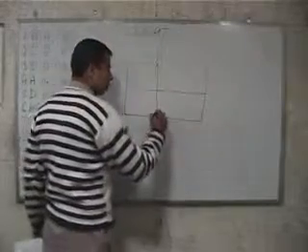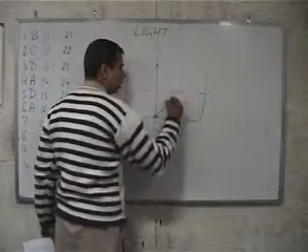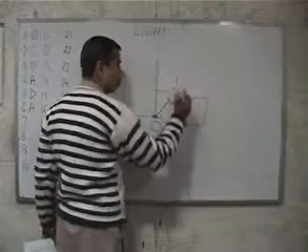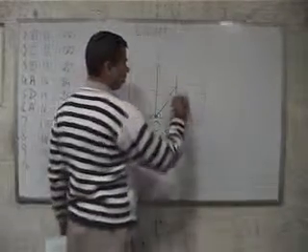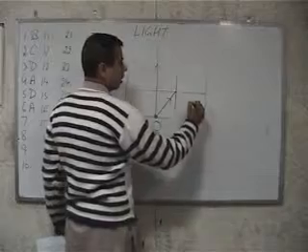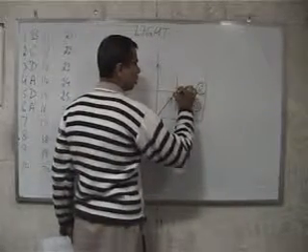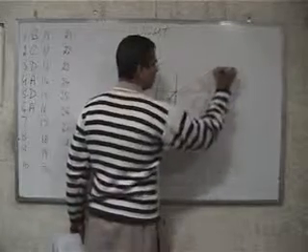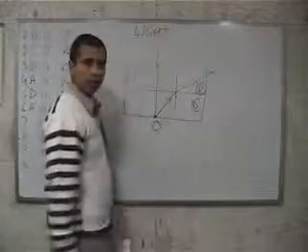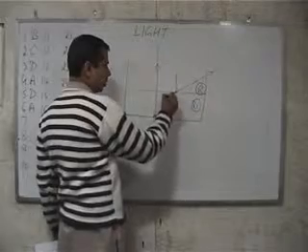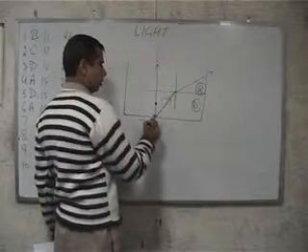But when there is some angle of incidence which is not 0, in that case light is traveling from denser medium to rarer medium, therefore it will be deviated away from the normal. So it appears to be coming from somewhere over here.